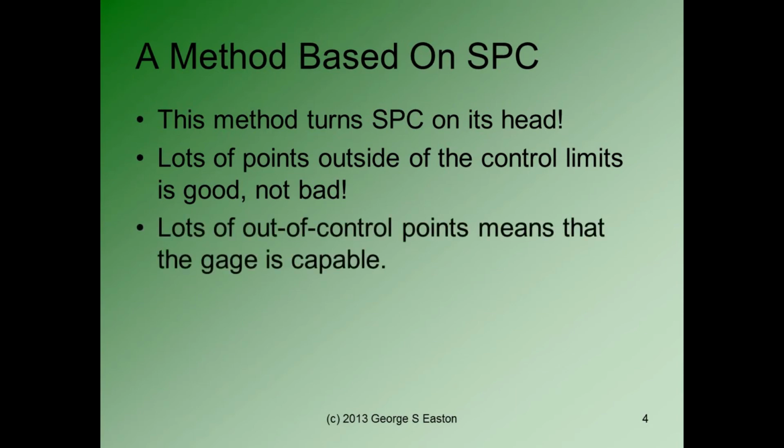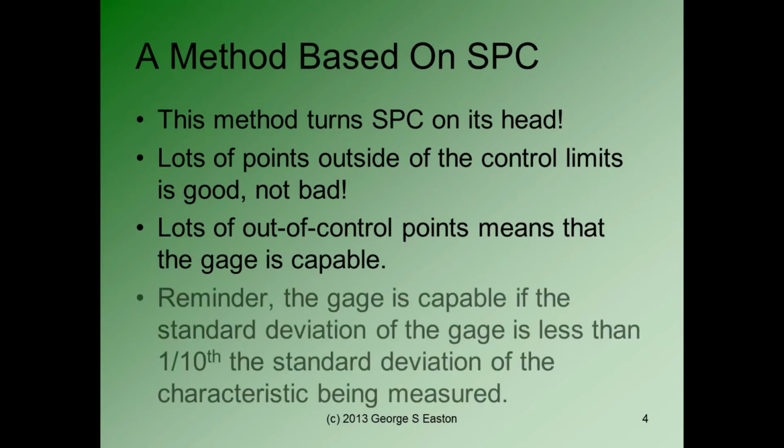But in this particular case, if there are lots of points that are outside of the control limits, it means that the gauge is capable. And just to remind you, a gauge is capable if the standard deviation of the measurement error from that gauge is less than 1/10 of the standard deviation of the thing that's being measured.